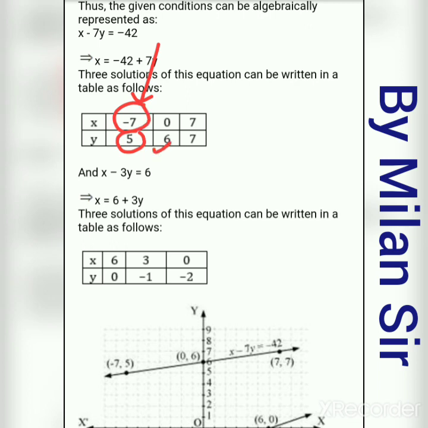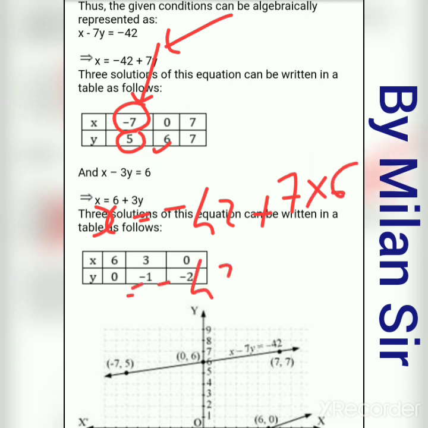Now put the second value, y is equal to 6. So x is equal to minus 42 plus 7y, that means 7 multiplied by y, so 7 multiplied by 6. So minus 42 plus 7 sixes are 42. Minus 42 plus 42 is 0. Then the third value.